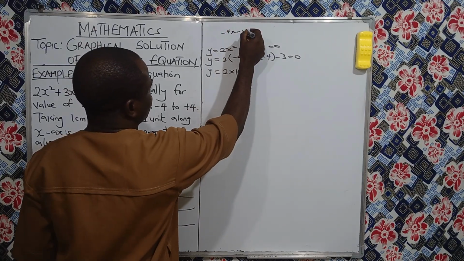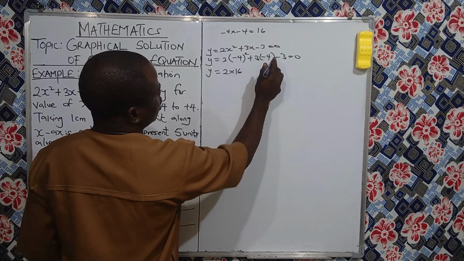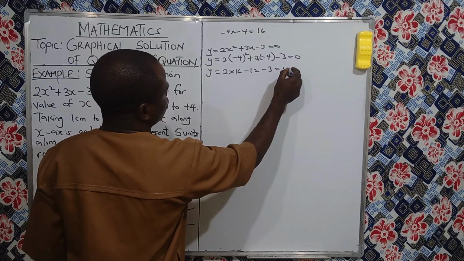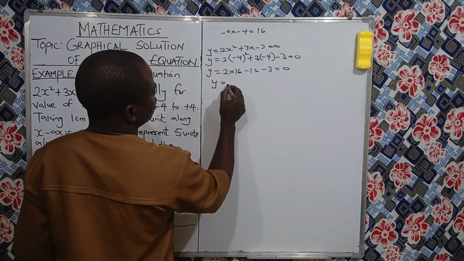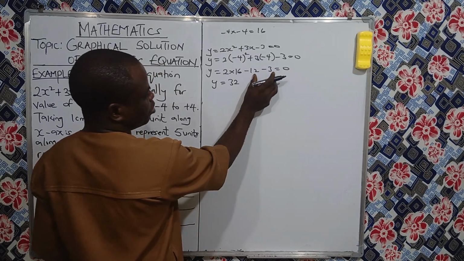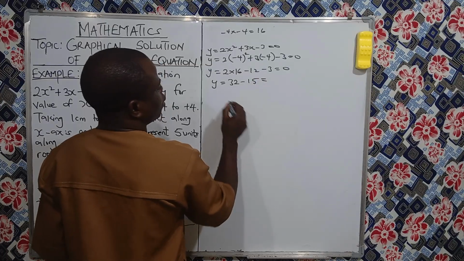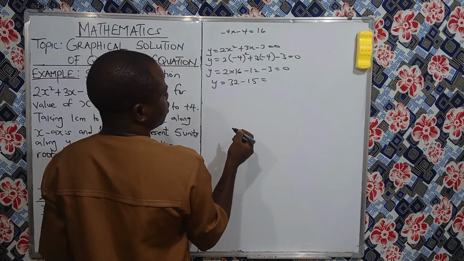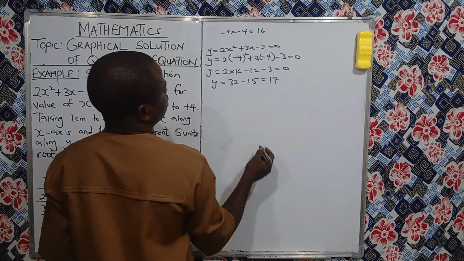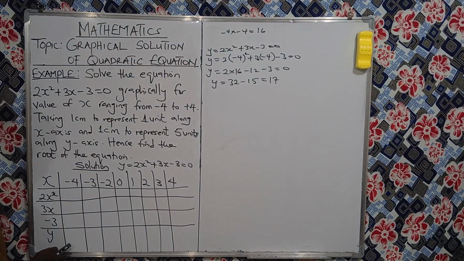Plus 3 times minus 4, that's minus 12, minus 3 equals 0. y equals 2 times 16, that's 32. Minus 12, let's do the subtraction separately. Minus 12 minus 3, that's minus 15. 32 minus 15, that is 17. Okay, the final answer of y is 17 directly.